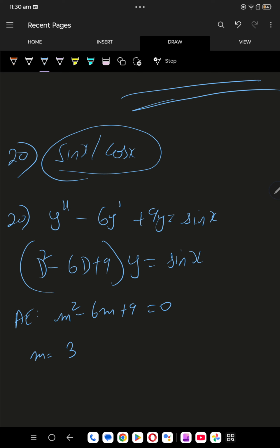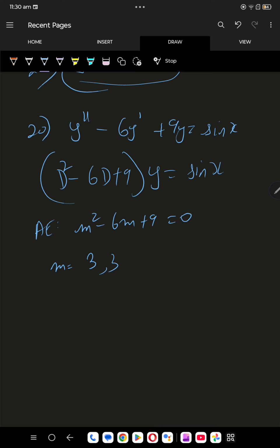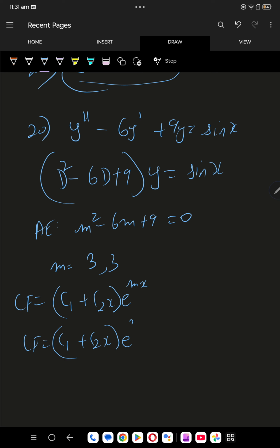I'm getting m as 3 and 3. These are real and equal roots. So CF will be C1 plus C2x e power mx. So CF is C1 plus C2x e power 3x.